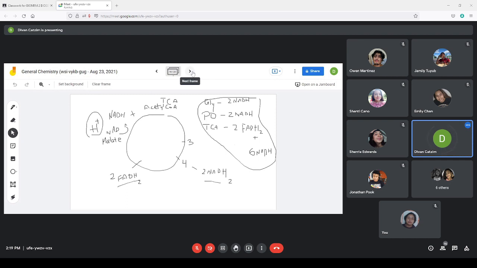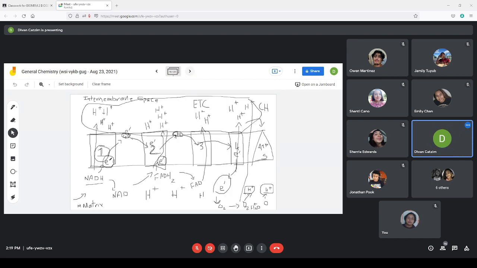All right. Now, finally, these electron carriers will soon enter the electron transport chain, which happens in the mitochondrial membrane.